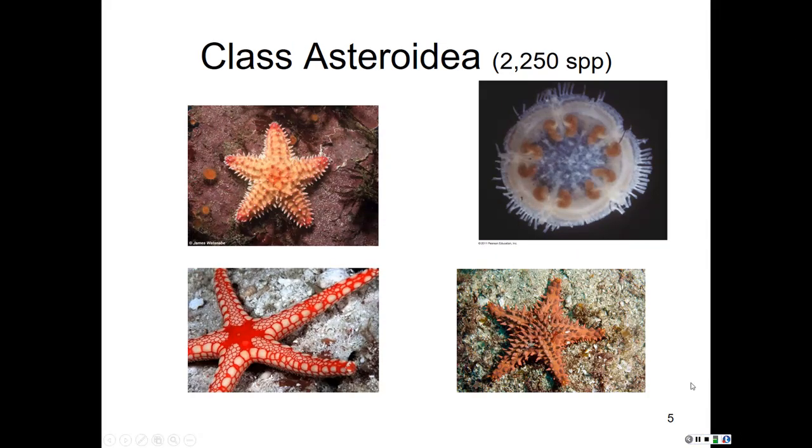Okay, so class Asteroidea. So these would include things like the sea star that we also sometimes just call the starfish. So the basic body plan of the Asteroidea is that we have a central disc, and arms, if they're present, radiate outward. We have tube feet on the oral side that allow it to creep around, and they typically feed on bivalves by grasping onto them.